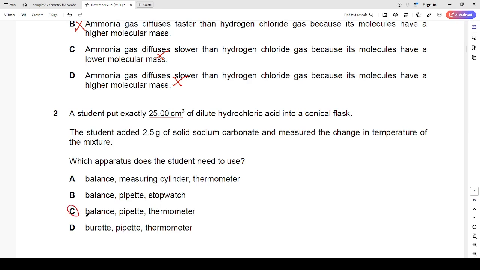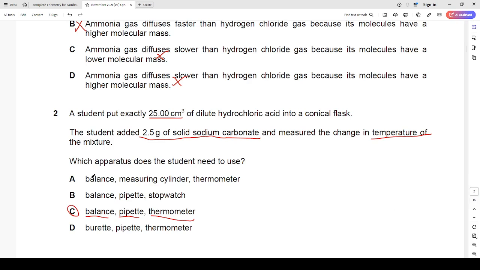Option C has taken care of the weighing of the mass because the student added 2.5 grams of solid sodium carbonate and only a beam balance can be used to measure the weight or the mass of the substance. Then for the volume, we go with the pipette. Lastly, for the temperature, we use a thermometer. And that is the reason why option C is the correct option.